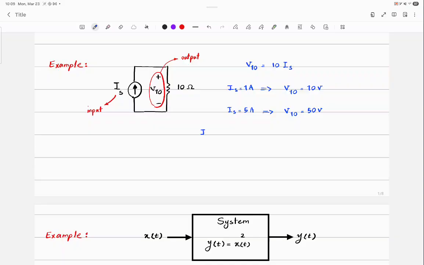Now let's consider IS being 1 amp plus 5 amps, which is equal to 6 amps. What is V10 equal to? Right? Okay. I'm going to write that as 50 volts plus 10 volts.